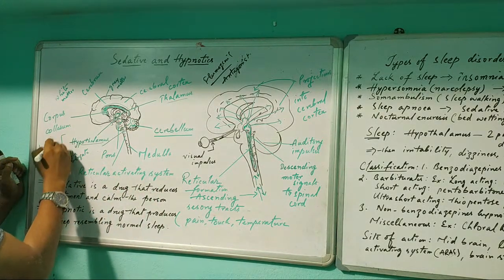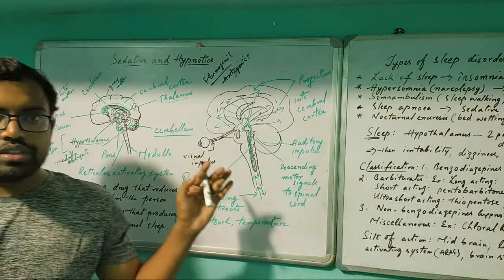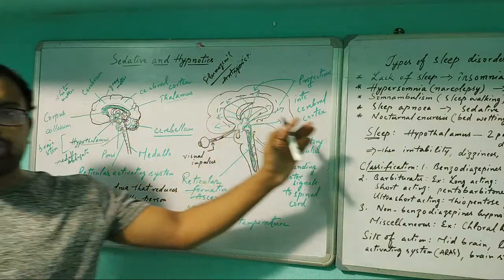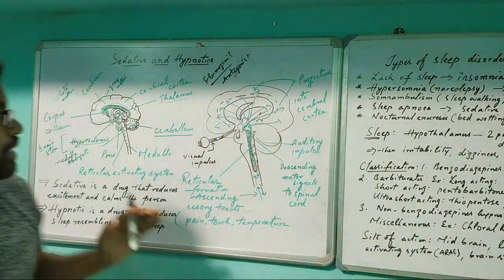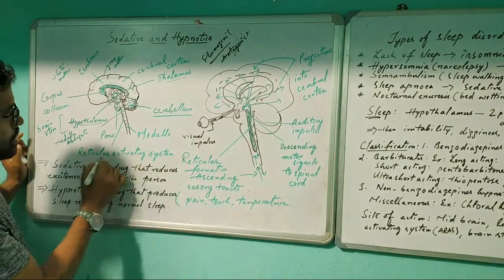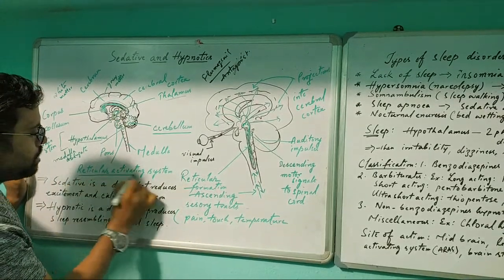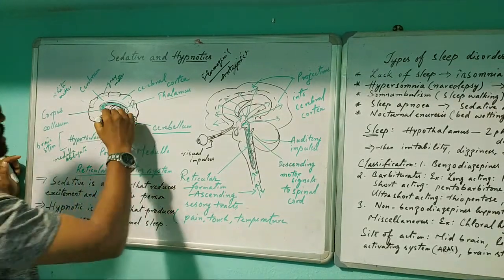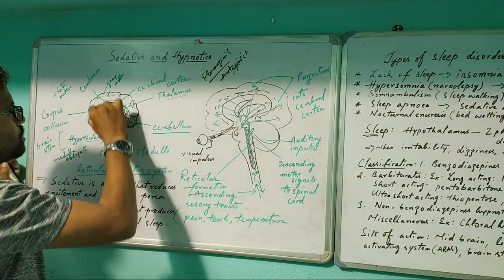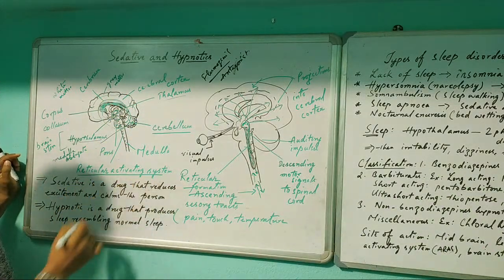Why am I teaching this anatomy? Because it is needed for the explanation of the mechanism. So, the reticular activating system: these total parts combine to form the reticular activating system.